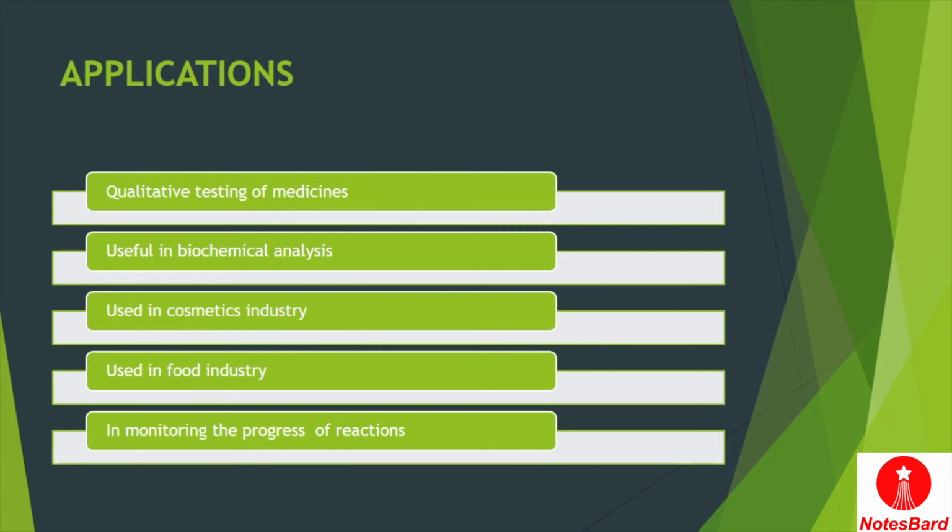Another application of TLC is in biochemical analysis, such as separation or isolation of different types of biochemical metabolites from blood plasma, urine and other body fluids, or from serum, which are separated by the method of TLC.